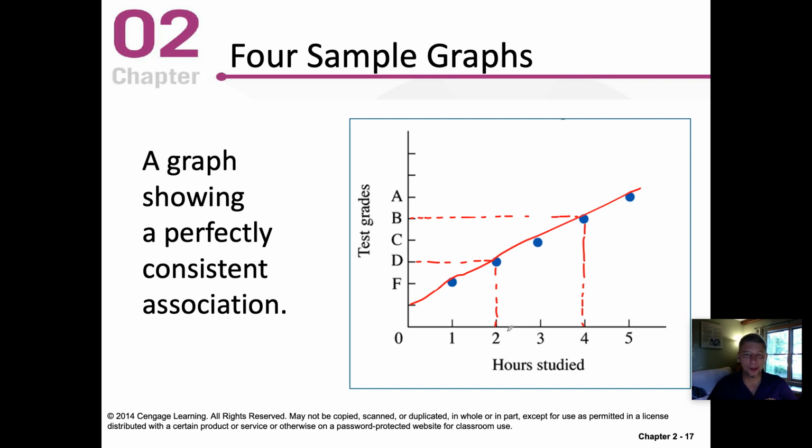Well, in that particular case, you probably could. 3.5 hours is about here, and so if you look at this, what it indicates is that you're probably going to get a C plus, ish. I know my lines aren't perfectly straight here, but you can use this graph to predict an outcome that's not actually in your data sample.